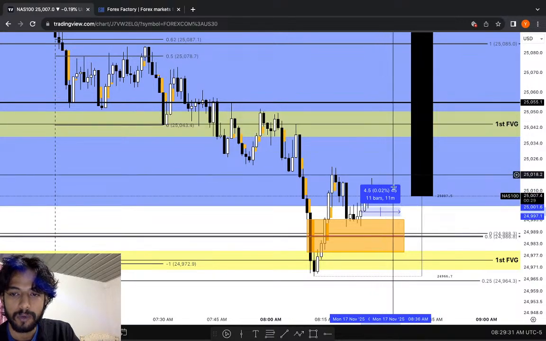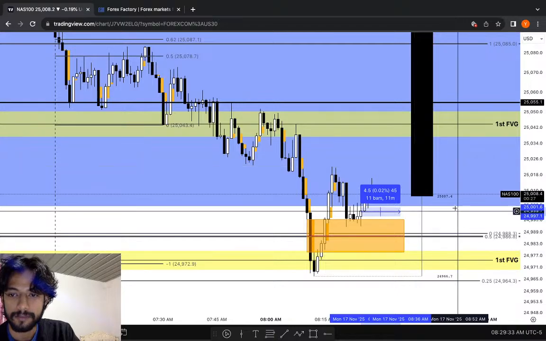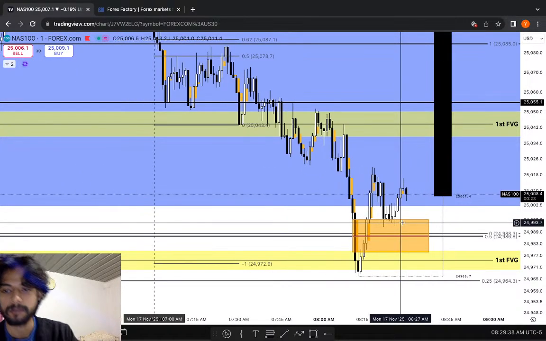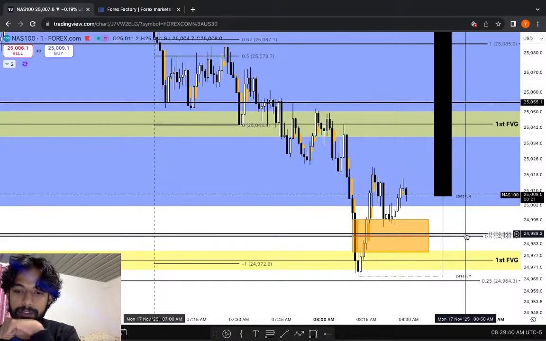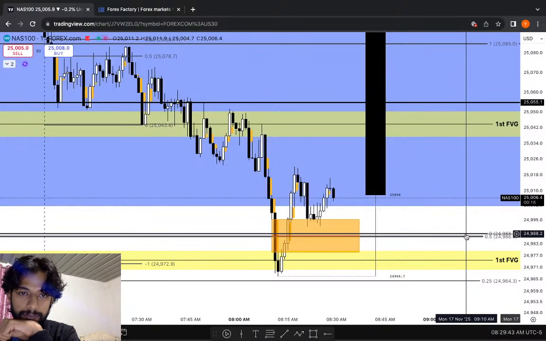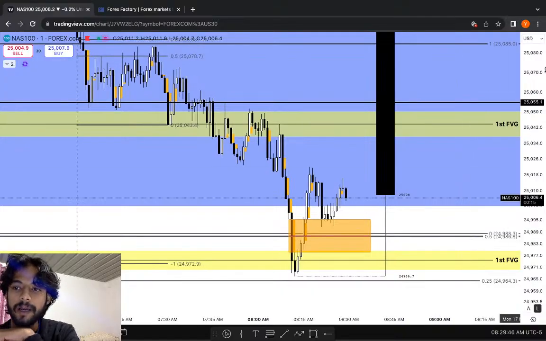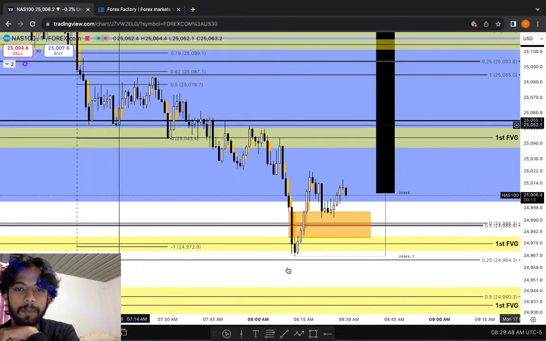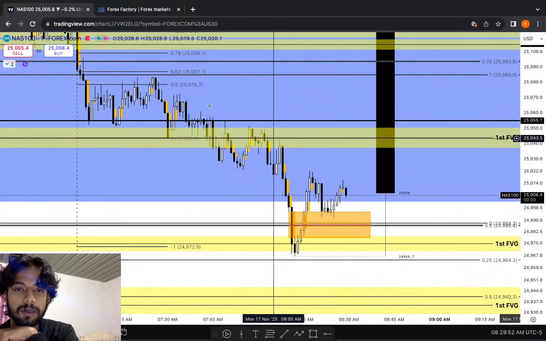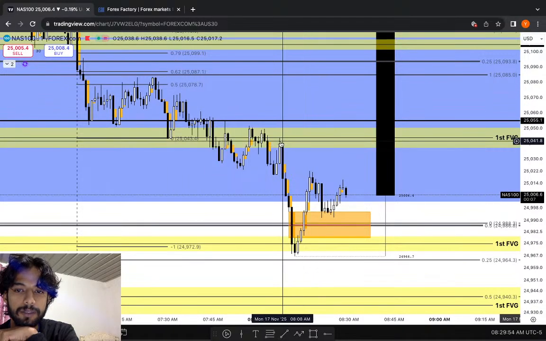We moved around 20 points from that. Let's see now. We have these people, those who are in short, they have their stop losses above these highs, and these are kind of pretty smooth highs.